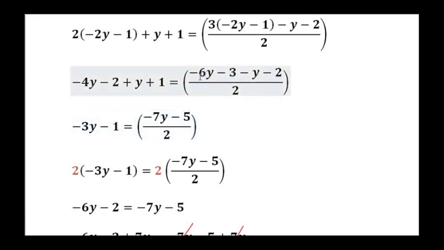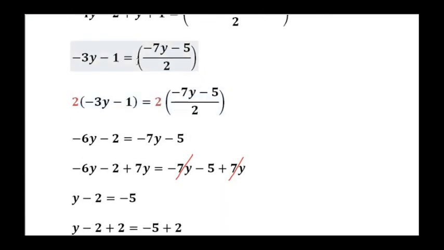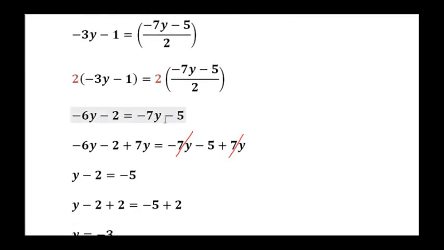On the right side, -6y - y is -7y, and -3 - 2 is -5. Now to eliminate 2 from the right side, I'm going to multiply both sides of the equation by 2. We get 2 times (-3y - 1) on the left side, and on the right side, 2 will cancel out 2. We get -7y - 5.